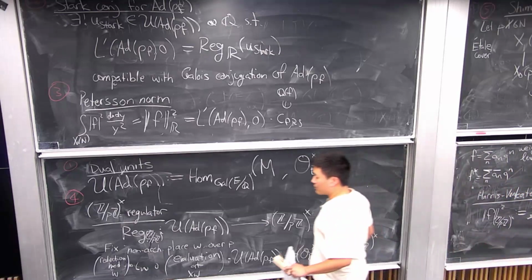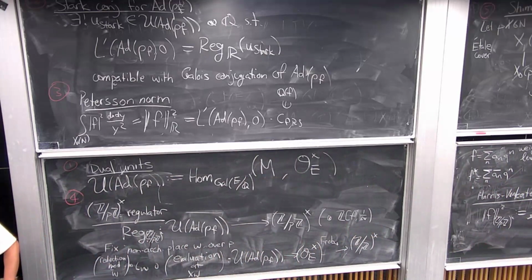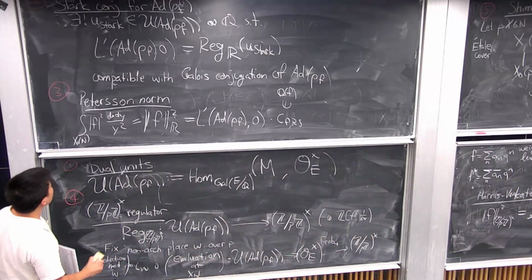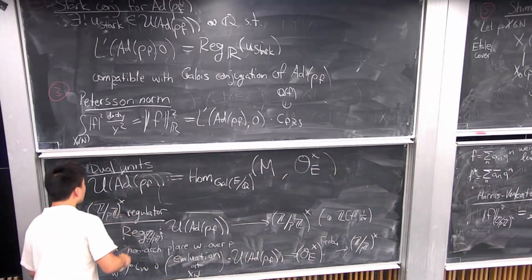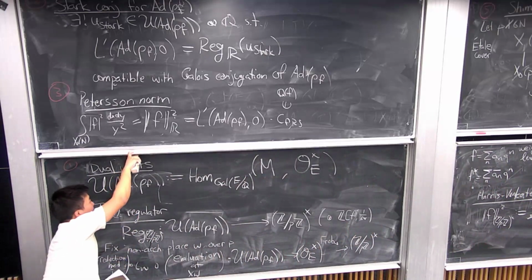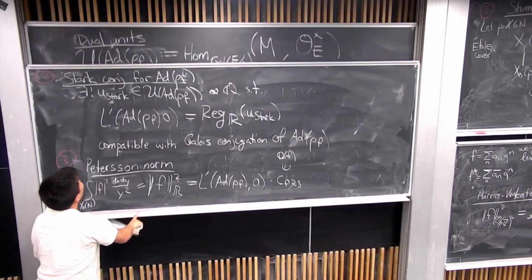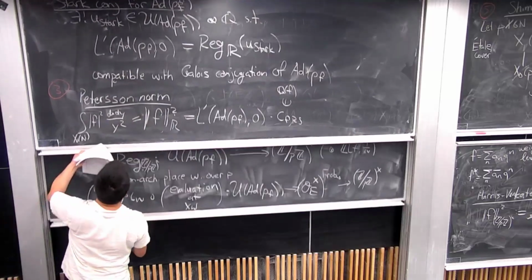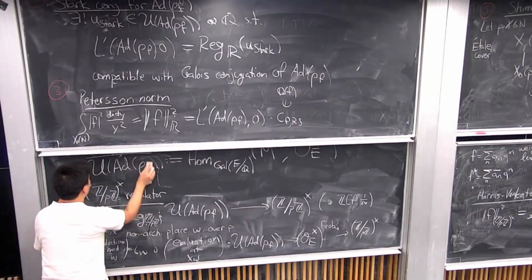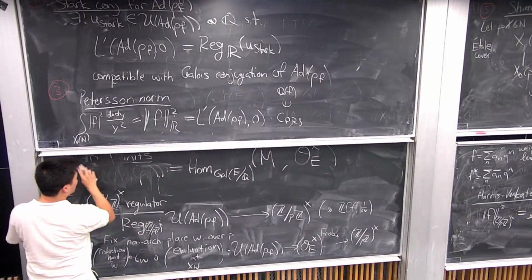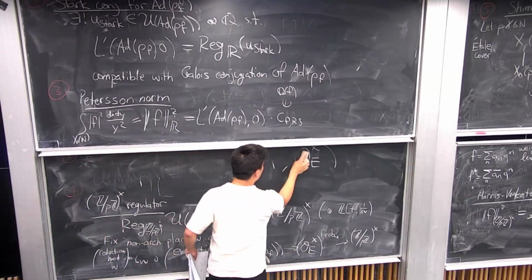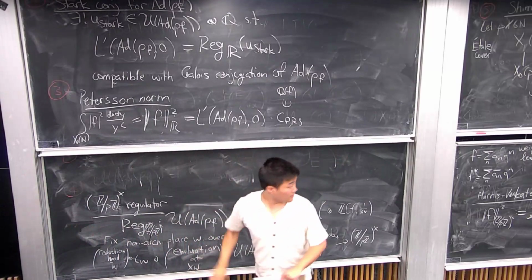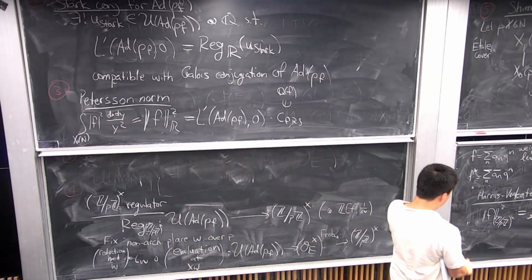And now the Harris-Venkatesh conjecture is going to look like the star conjecture. Sorry, you mean the trace of it? Oh yeah, the trace of this.